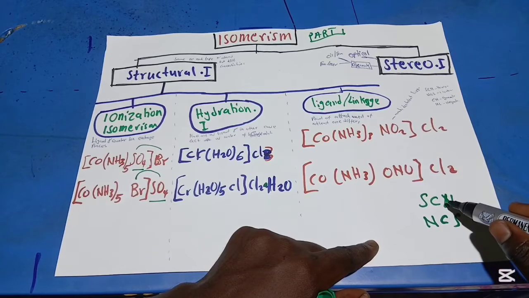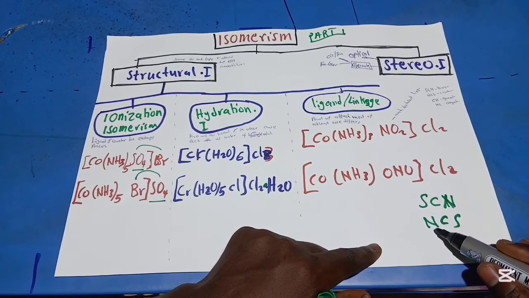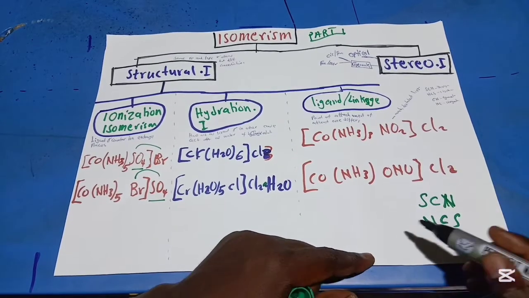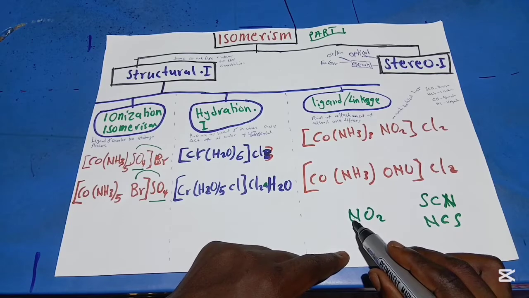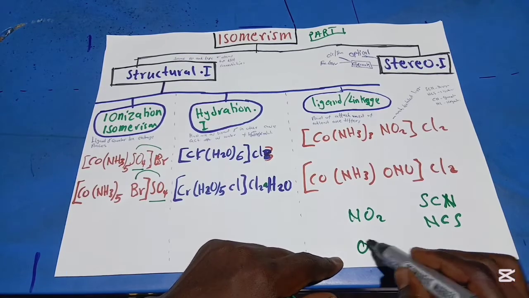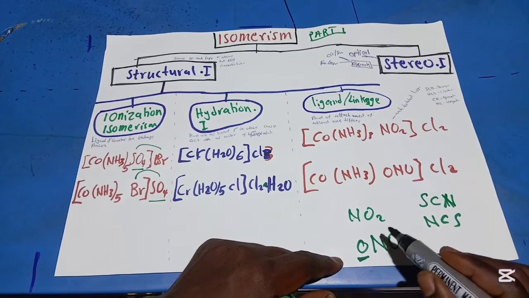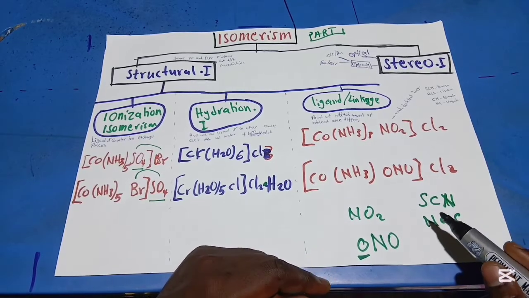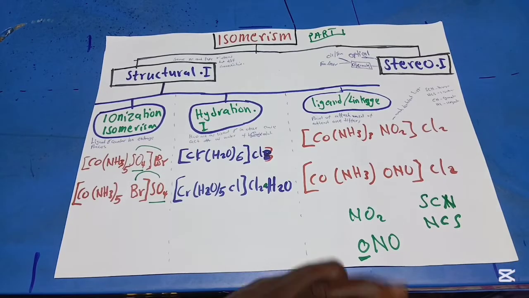So here we have sulfur as a donor atom, and here we have nitrogen as a donor atom. For nitro, NO2, the donor atom is nitrogen. And for nitrito, ONO, the donor atom is oxygen. So anytime you see this kind of ligand, look out for linkage or ligand isomerism.